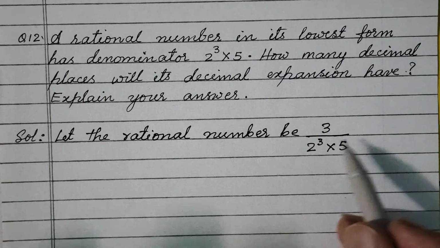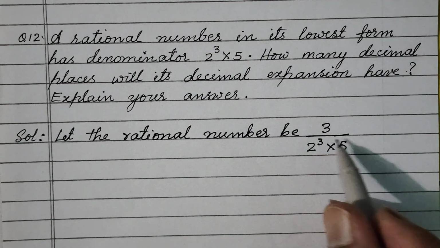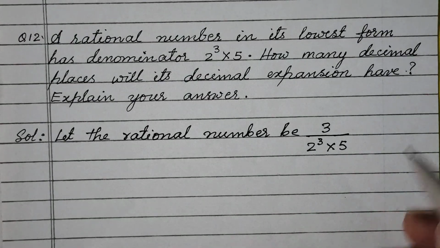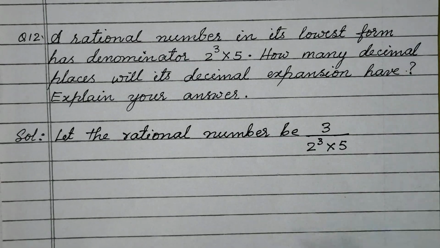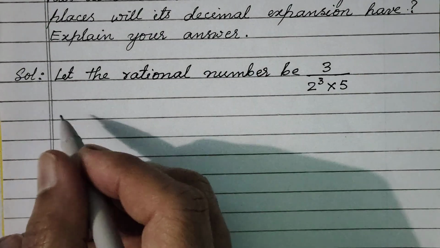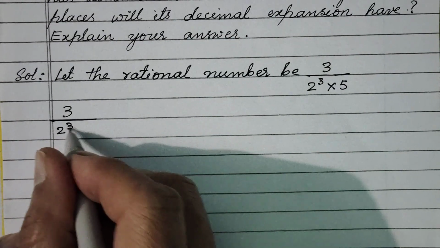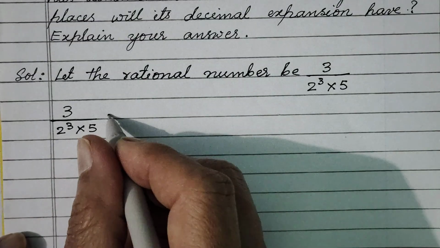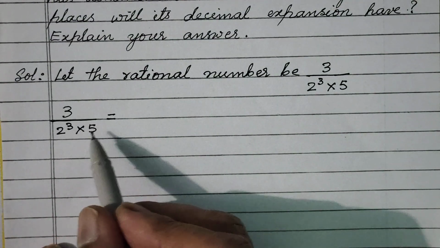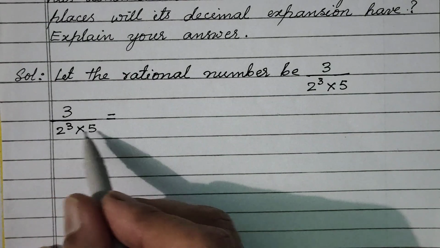So to convert it into a decimal, we will convert the denominator into the multiples of 10. For that, 3 by 2 cube into 5, to make it into a multiple of 10, we want 2 cube into 5 cube.